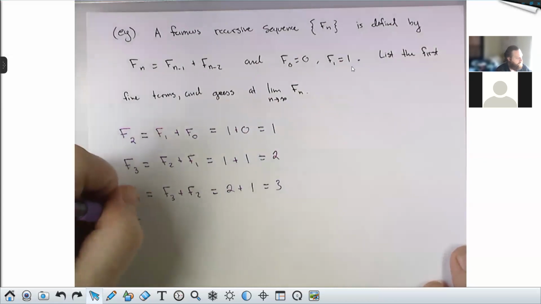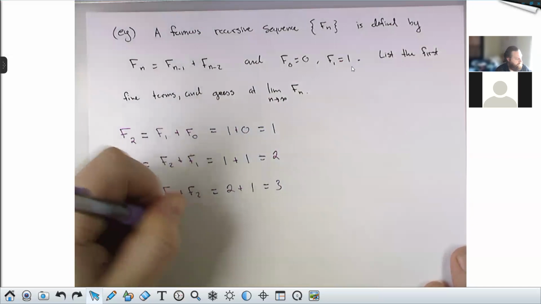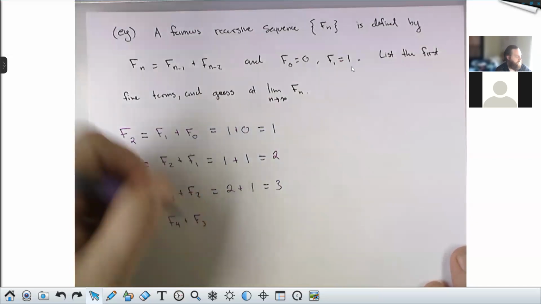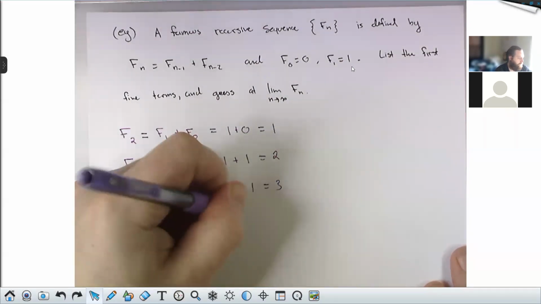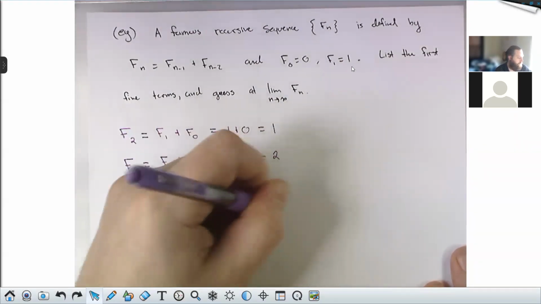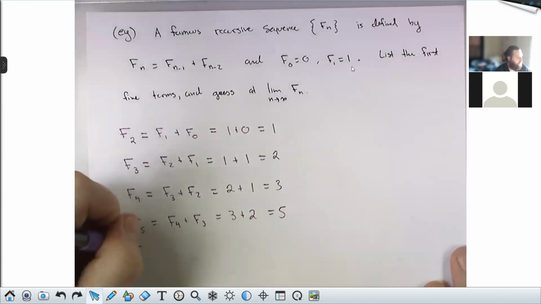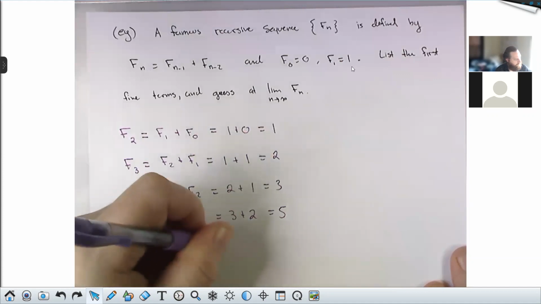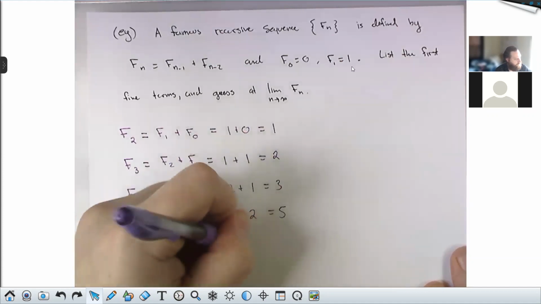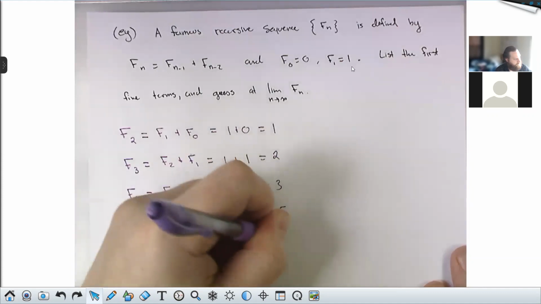Let's go a few more. F5 would be F4 plus F3. That is 3 plus 2, which is 5. F6 would be F5 plus F4, which is 5 plus 3, which is 8.